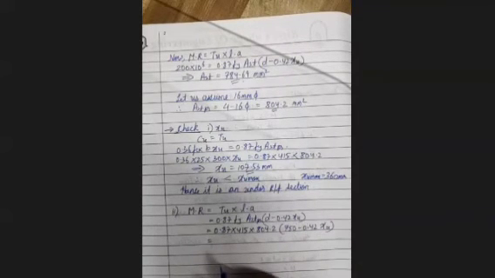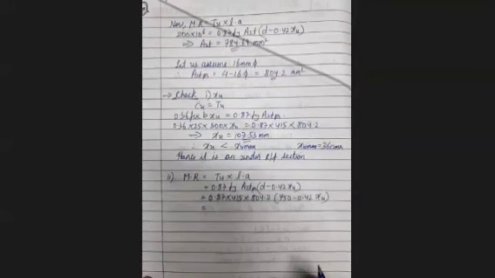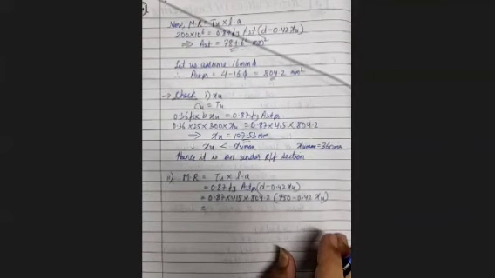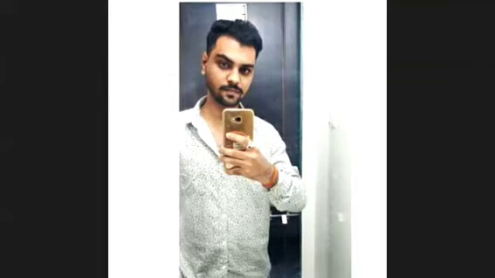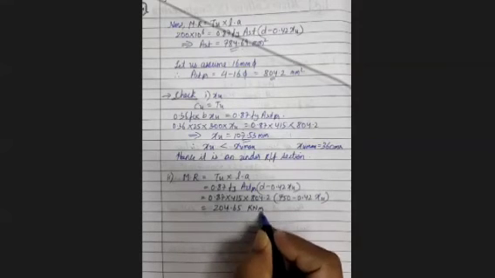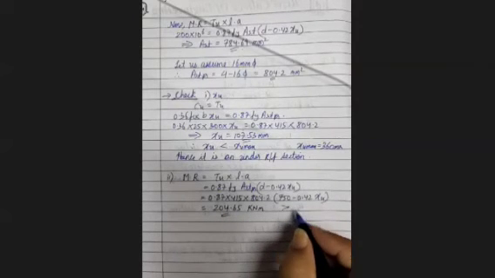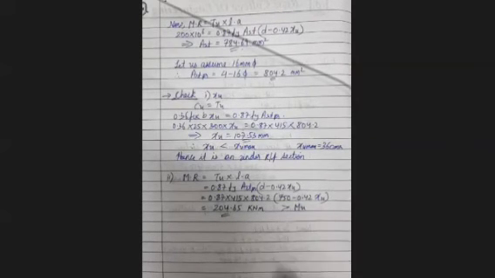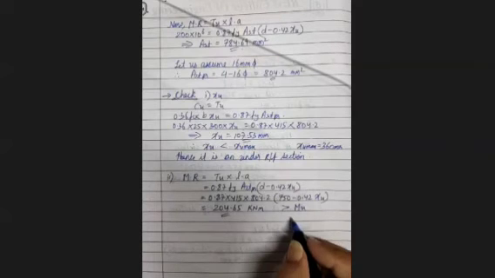Yes, anyone got the value of MR? Just write in the chat box. 204.65. Okay, 204.65 kilonewton meter. So now this is greater than your MU, correct? So hence it is safe.